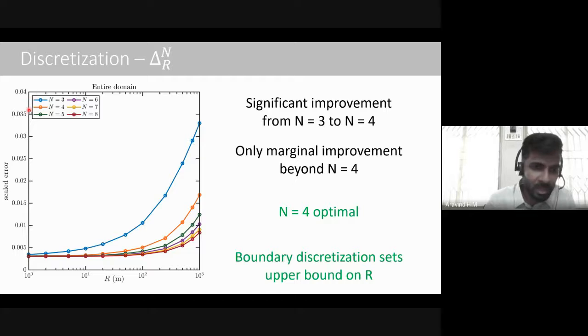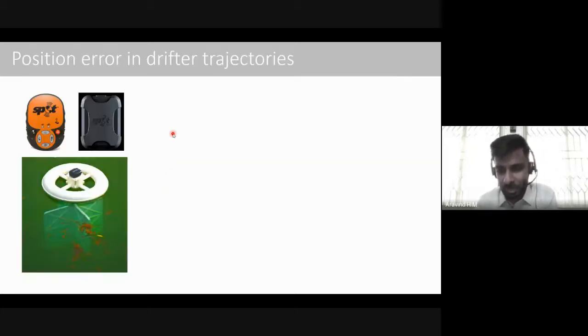Now, looking at the error magnitudes, the maximum error is still around just 3% for the entire domain when I do a spatial averaging over the entire domain. So that's still okay. And I would have been happy if I could just stop here, since the error magnitudes are so low, but I cannot, because we need to talk about the GPS units that are being used in drifters and the uncertainty associated with the drifter positions.